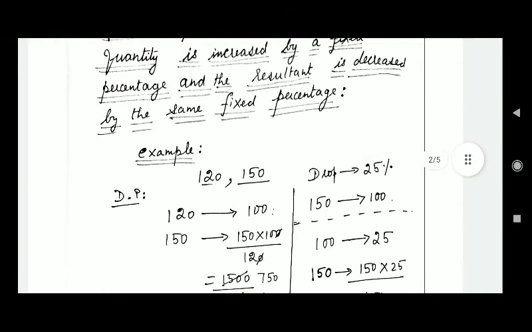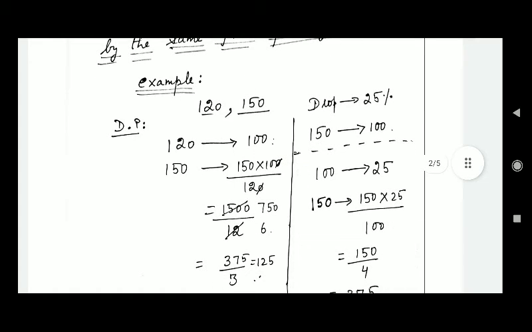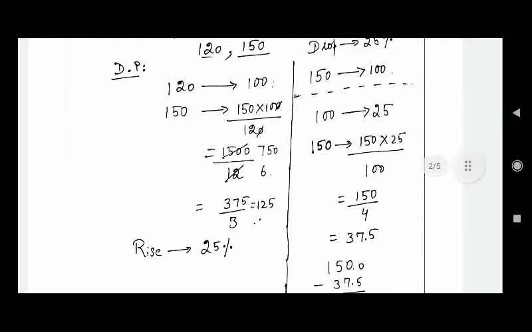See, if we are considering two quantities, namely 120 and 150, we use the direct proportion logic that we used to study in elementary school level. So, if 120 is given a yardstick of 100, 150 will be found equivalent to 125. So straight away we can find that there is a rise of 25%.